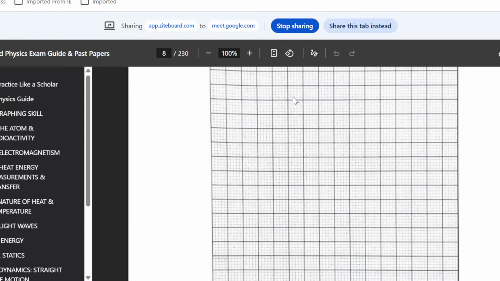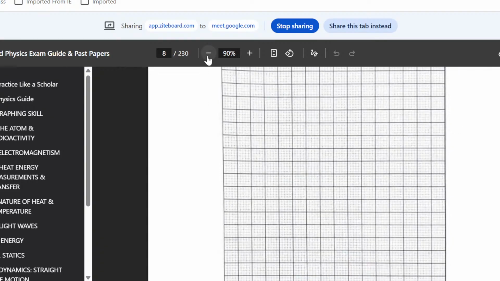Not even just the question, just to look at how the graph is. Let me go to a random graph.